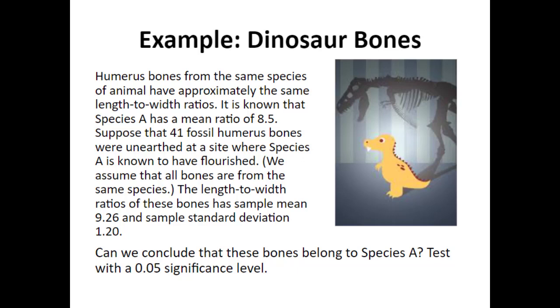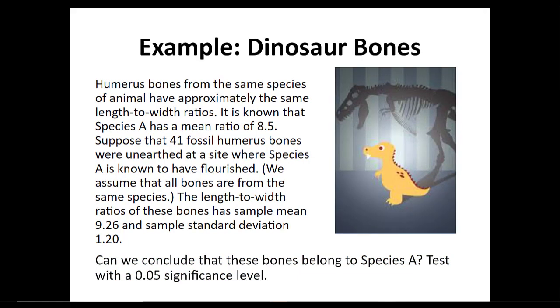We assume that all bones are from the same species. The length to width ratio of these bones have a sample mean of 9.26 and a sample standard deviation of 1.2. Can we conclude that these bones belong to species A? Test with a 5% significance level.